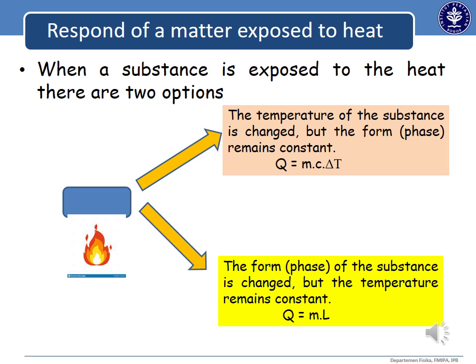Boiling point is a particular temperature when the object changes its phase. The heat needed to change from one phase to another, Q, is equal to m times L, where L is the latent heat. Latent heat is the energy needed to change from one phase to another phase.